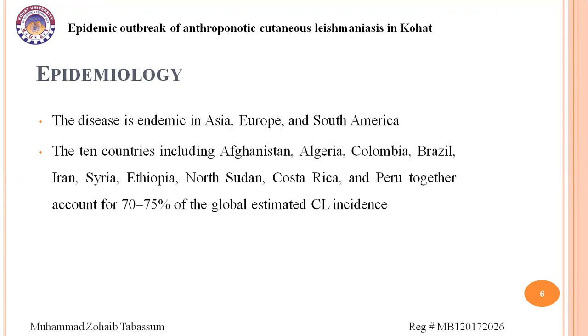The 10 countries include Afghanistan, Algeria, Colombia, Brazil, Iran, Syria, Ethiopia, North Sudan, Costa Rica, and Peru. Together they account for 70 to 75% of the global estimated cutaneous leishmaniasis incidence.